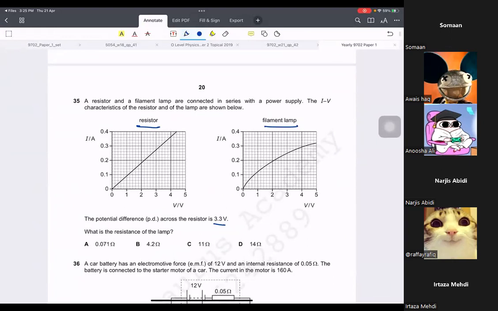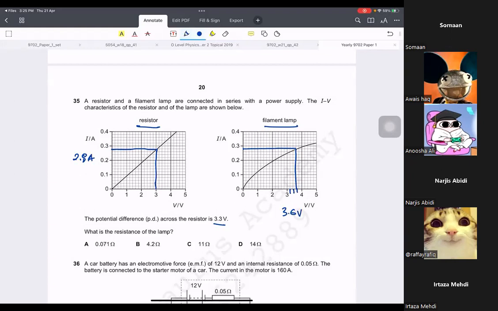So they're going to share it. 3 volts means that the current in the circuit is going to be the same, and this is 2.8 ampere. Now, for 2.8 ampere, the voltage across this is 3.2, 3.4, 3.6.